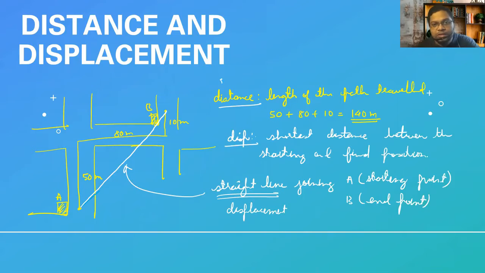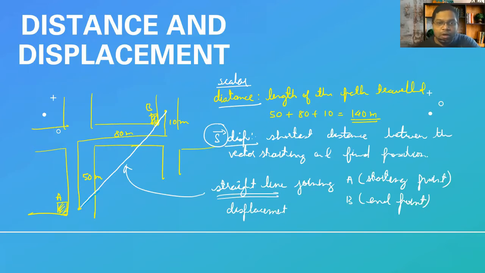This is a scalar, and this is a vector quantity, and displacement is denoted by a vector s. We generally will not be using it, but it is a vector quantity, and it is denoted by a capital letter S. Now that capital letter S is generally used a lot.